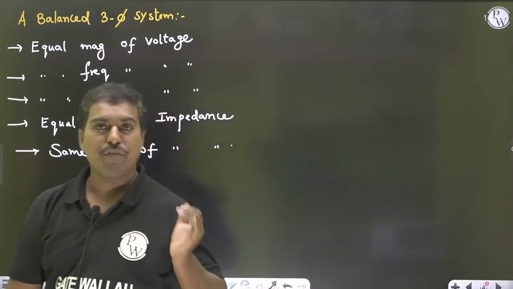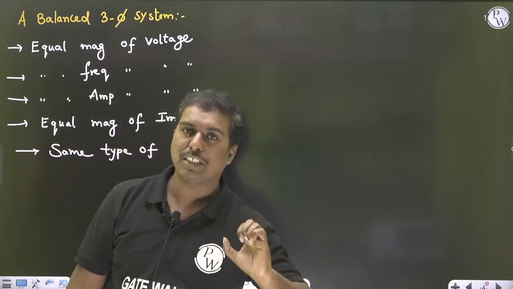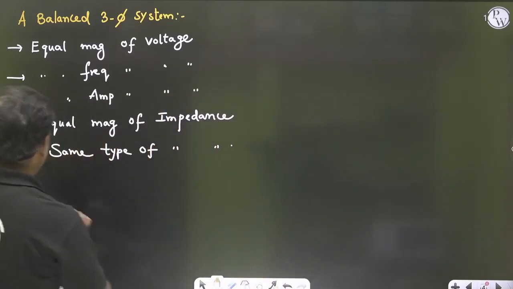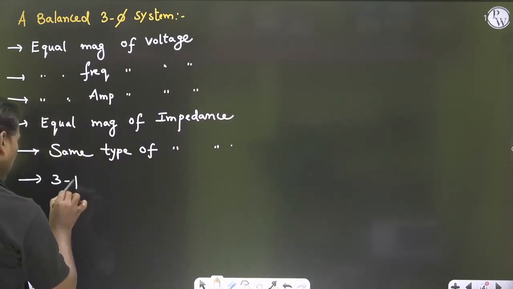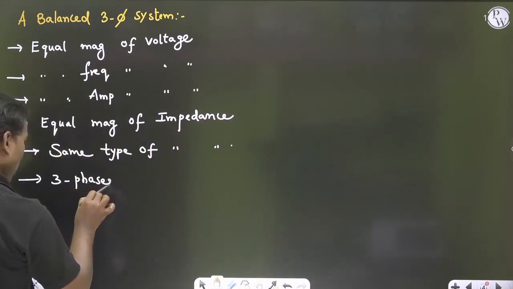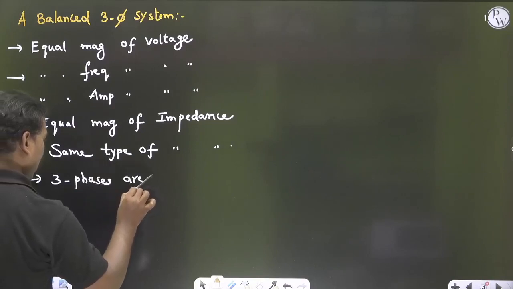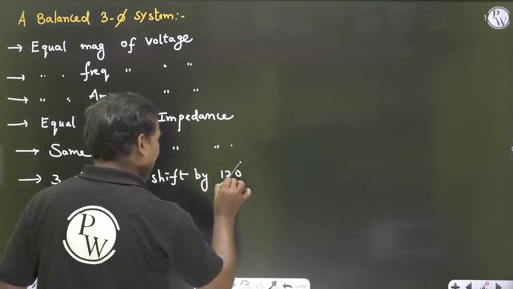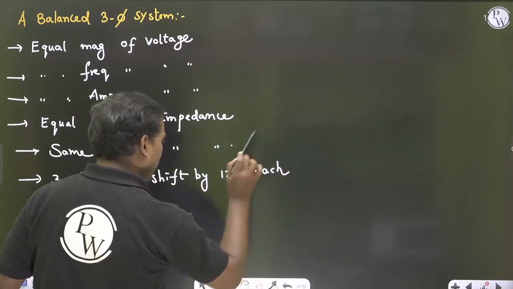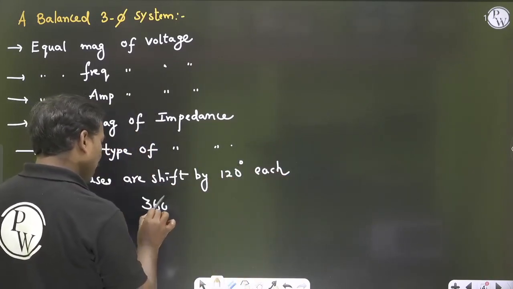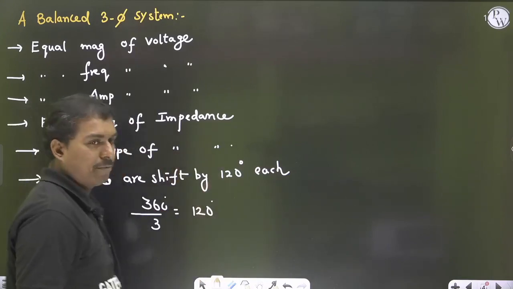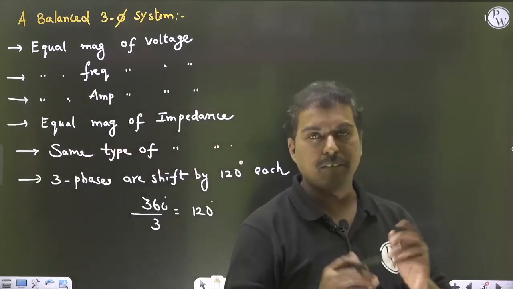In a balanced three-phase system, it is having the equal magnitude or amplitude of the voltage, same frequency, but the three phases are shifted by 120 degrees each. That means if you take three phase, 360 degrees by n, so that is a 120 degrees phase shift between these particular phases.